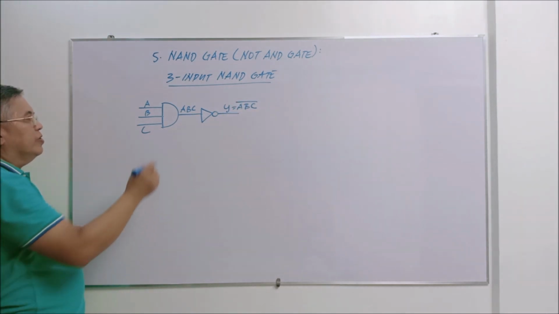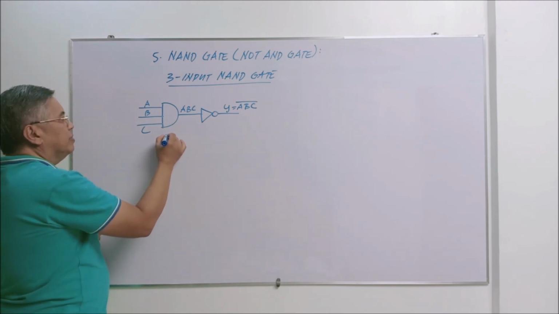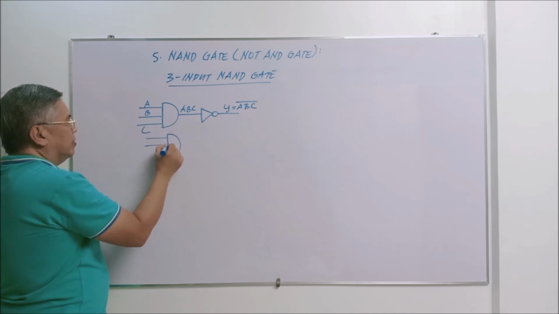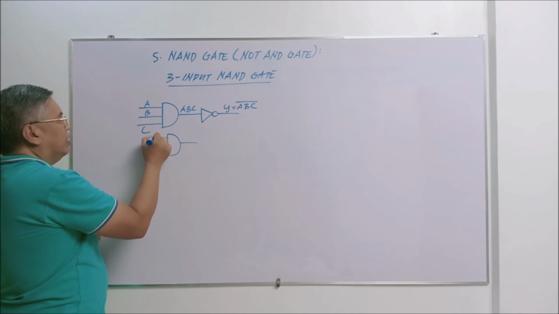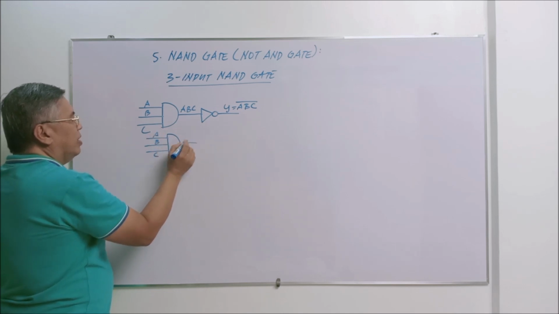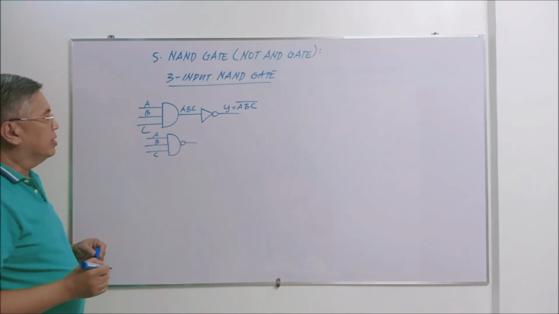The other symbol for a three-input NAND gate is this one. You have an AND gate, again represented by A, B, and C. Then you have a bubble at the output part of your AND gate.